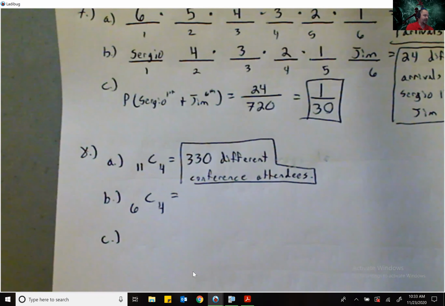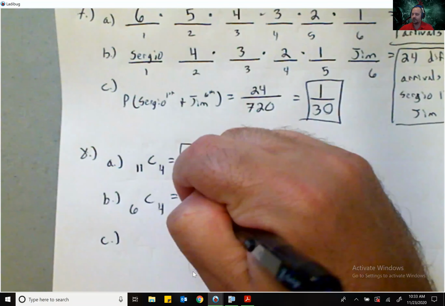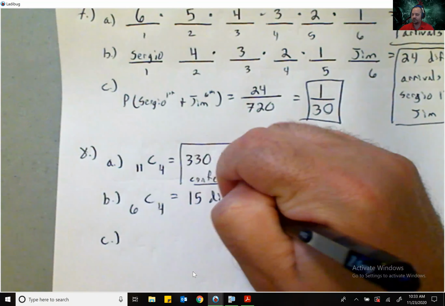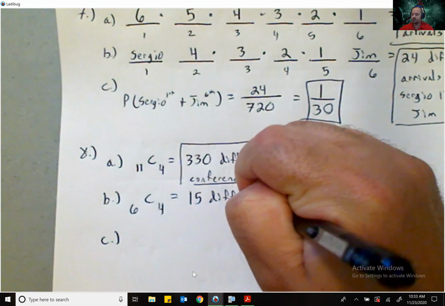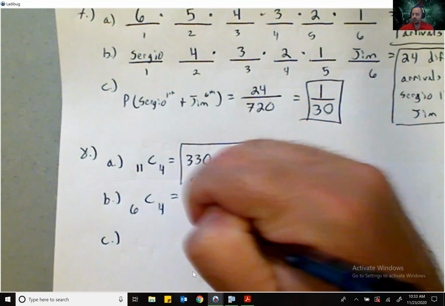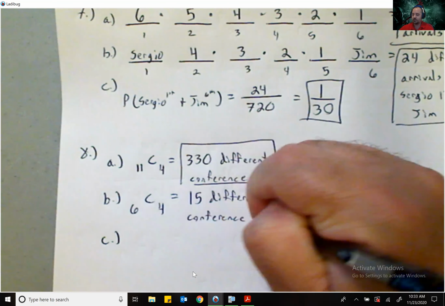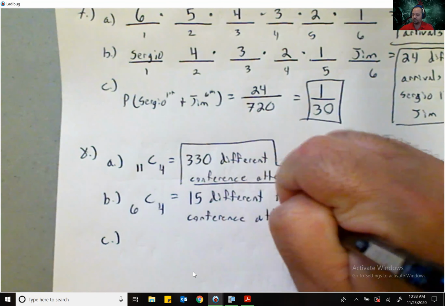So 6 math, I'm just doing this on my side calculator, C4. So there are 15 different female conference attendees.